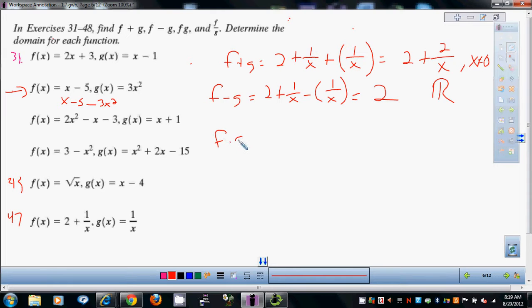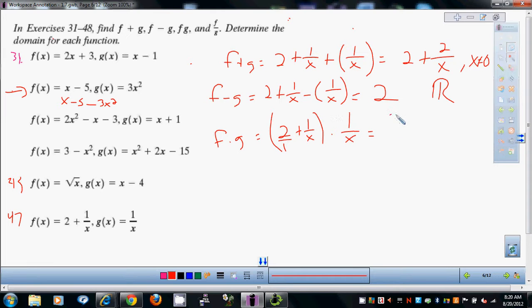F times g. 2 plus 1 over x times 1 over x. You can tell me what this is going to be. When you multiply fractions, what do you do? Yeah, you multiply across the top and across the bottom. So this is the same as over 1.